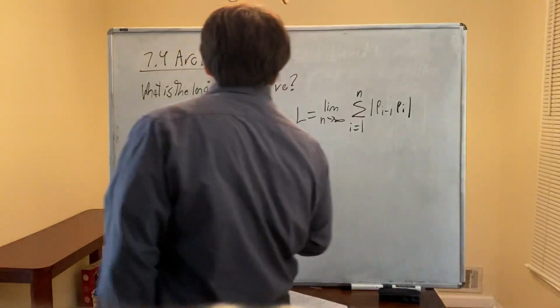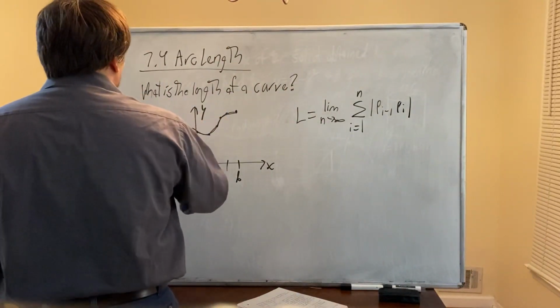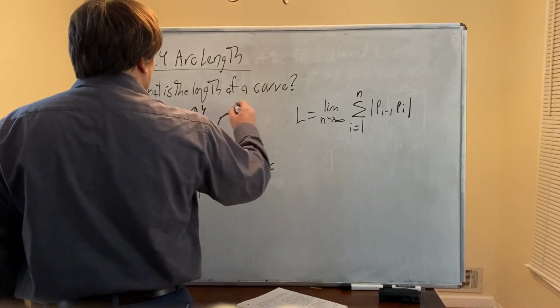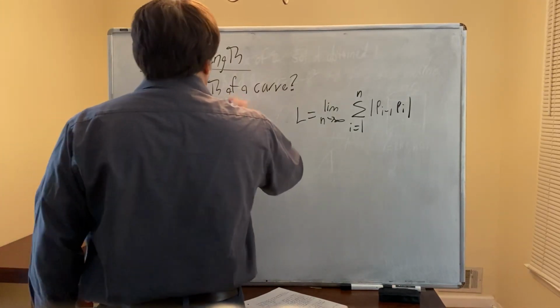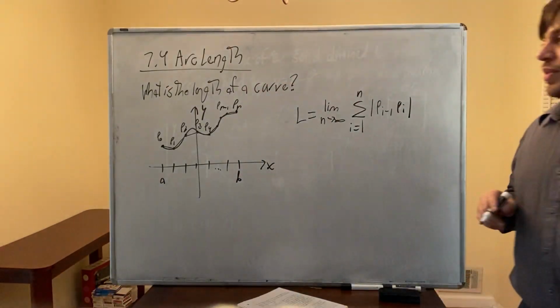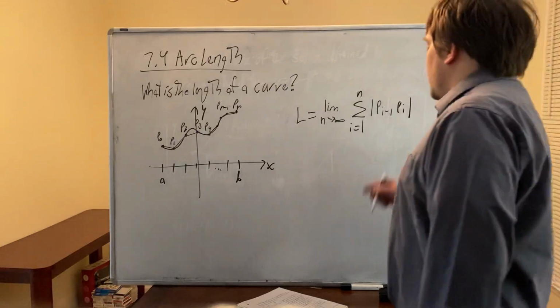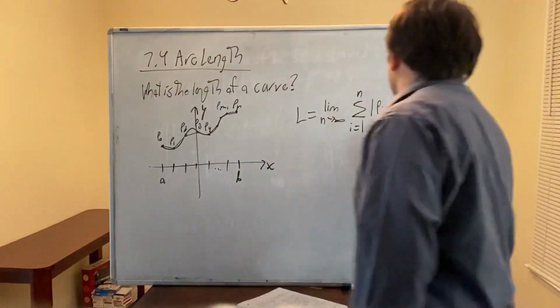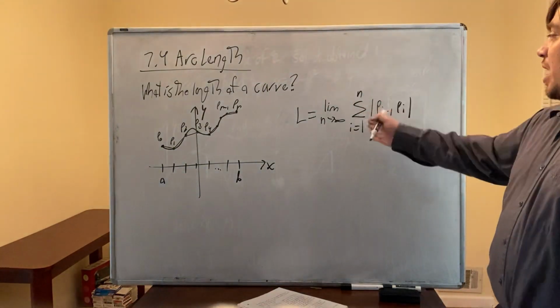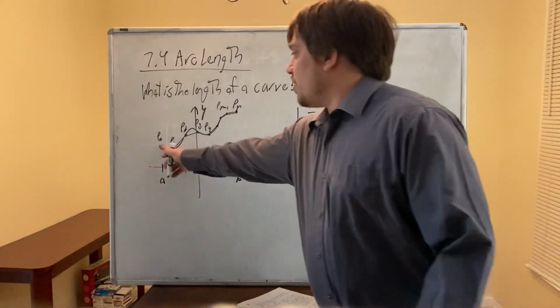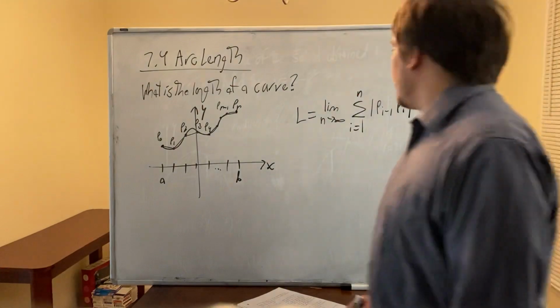P_{i-1}P_i is just, let's say this is P_0, this is P_1, that's P_2, that's P_3, that's P_4, dot dot dot, P_n. These are the points on the curve with the endpoints of the subintervals. Then the absolute value of P_{i-1}P_i is the length of one of these line segments, right?